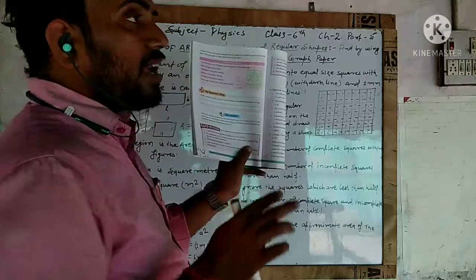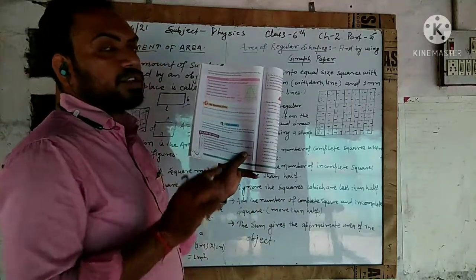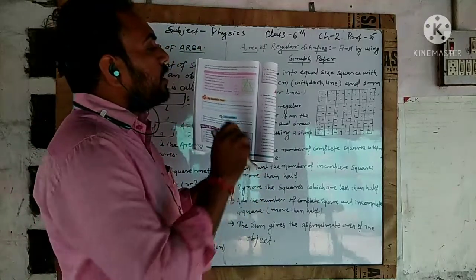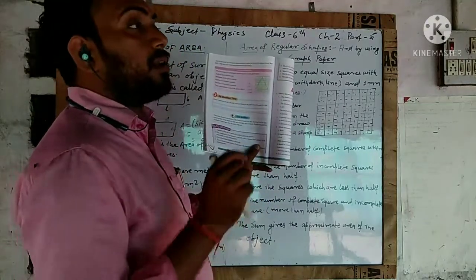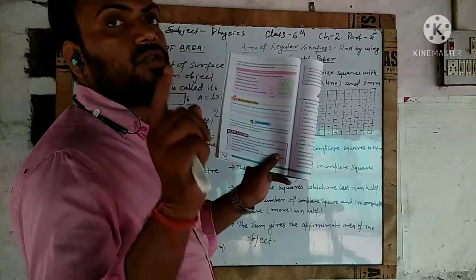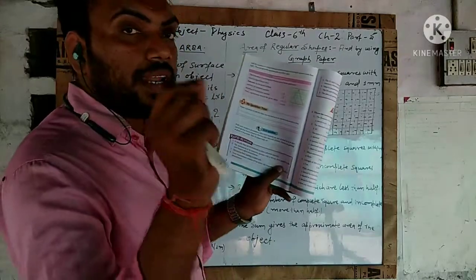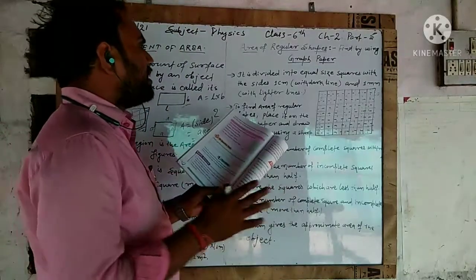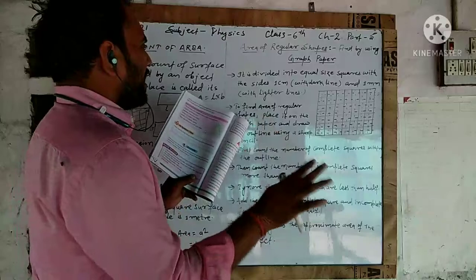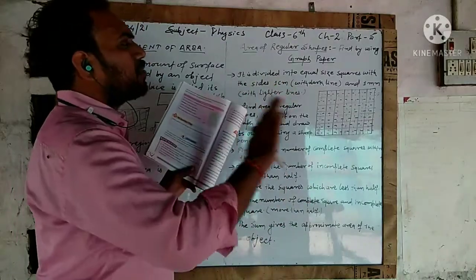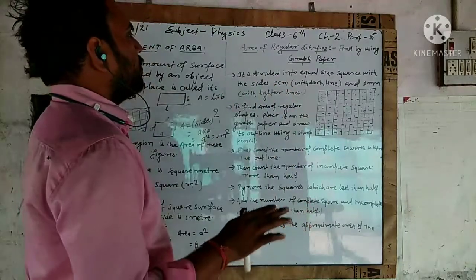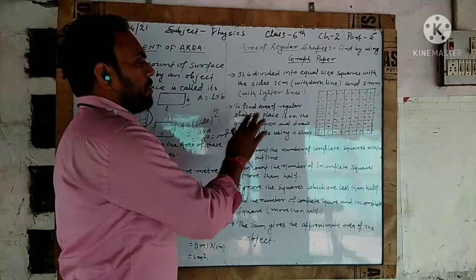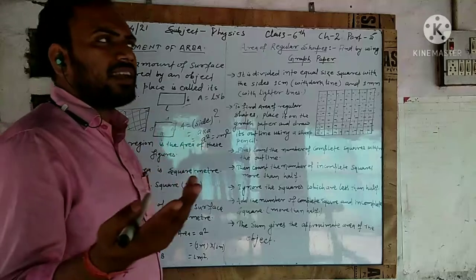The dark lines of green make squares whose side is 1 centimeter, while the light lines of green make squares whose side is 1 mm. Basically, a graph paper is a plain paper divided into equal size squares with sides of 1 centimeter with a dark line and 1 mm with a light line. That is called a graph paper.